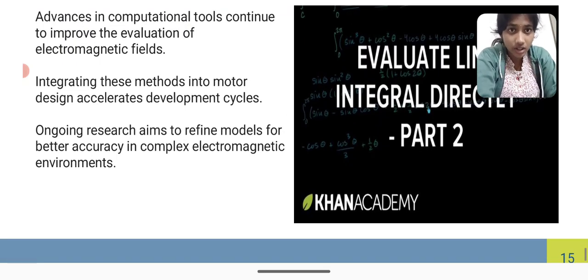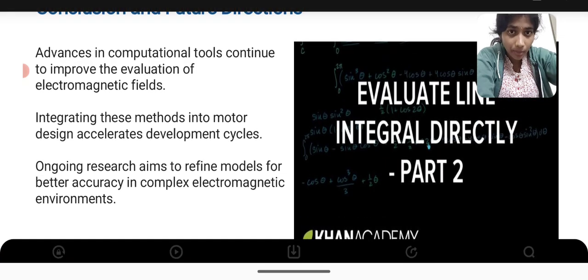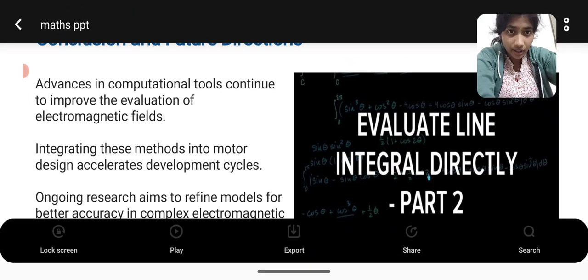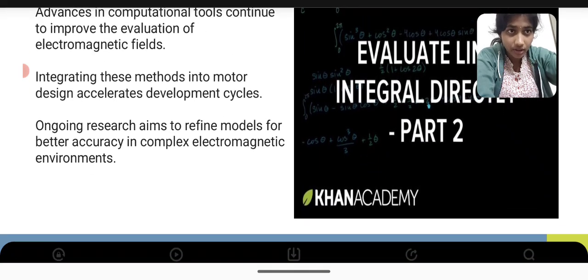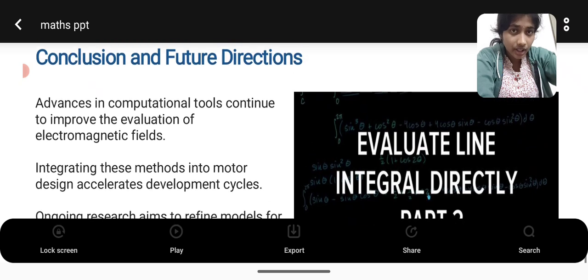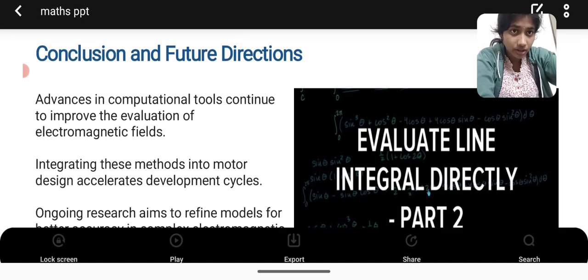Ongoing research aims to refine models for better accuracy in complex electromagnetic environments. This is the relevant image for conclusion and further direction.